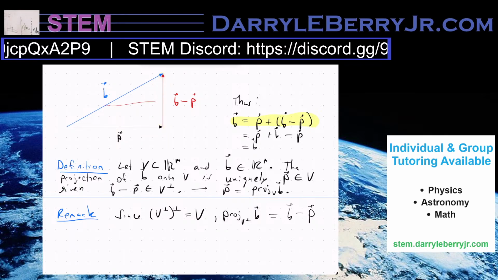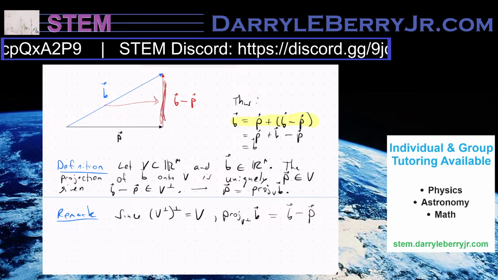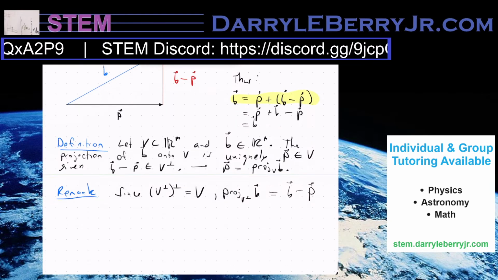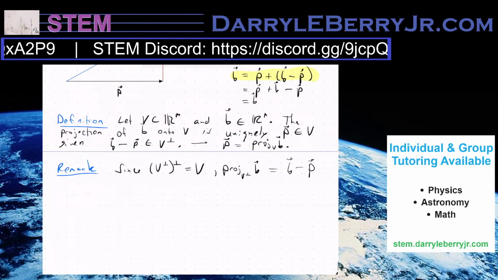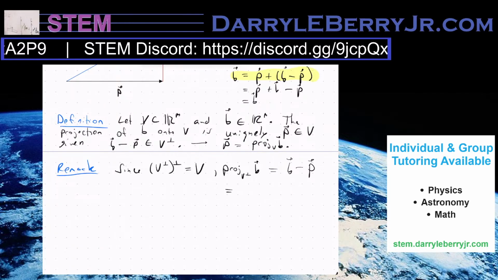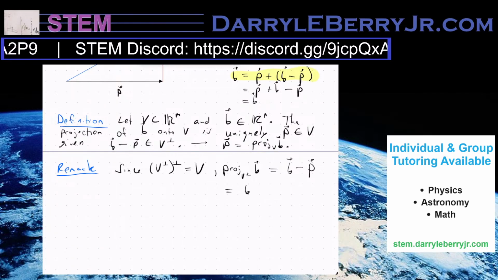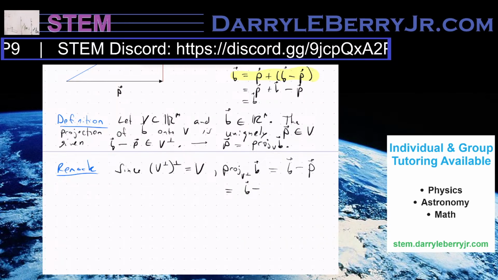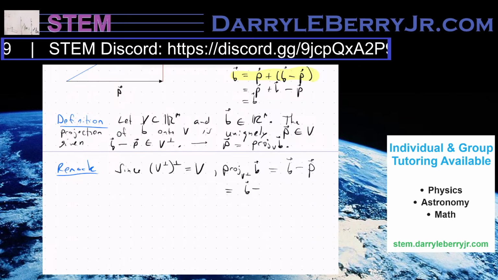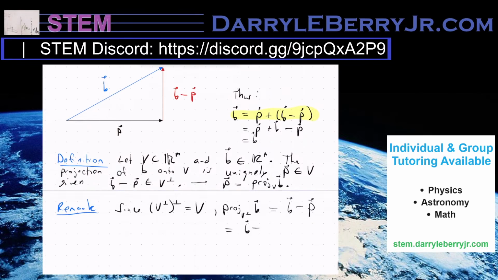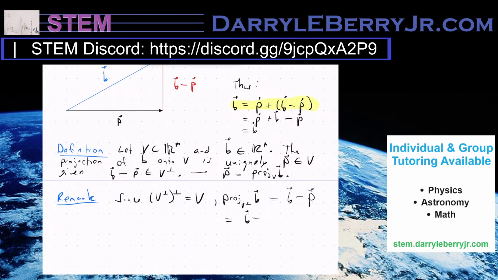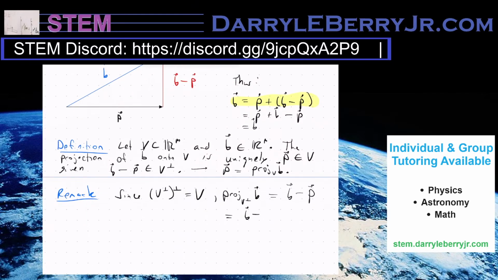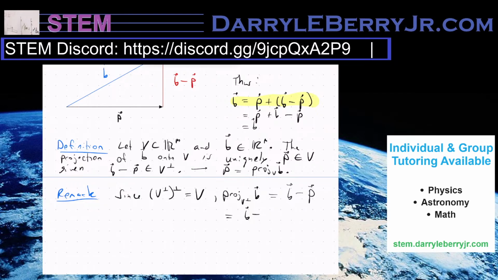So B is being projected onto this and becomes B minus P. So that equals B minus the projection of B onto V. All right, that makes sense.